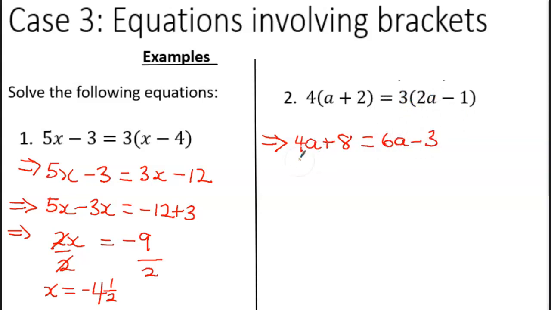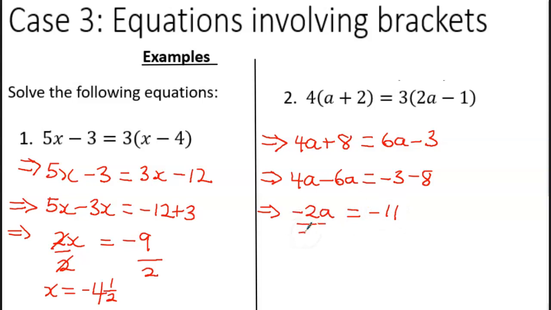So once again, we have a term in a on the left hand side and a term in a on the right hand side, so we put them together. We have 4a minus 6a, which is equal to minus 3 minus 8. So 4a minus 6a is minus 2a. It's minus because we are subtracting the bigger number from the smaller number. It's equal to minus 11.